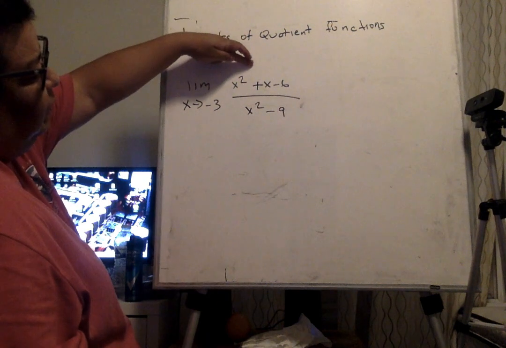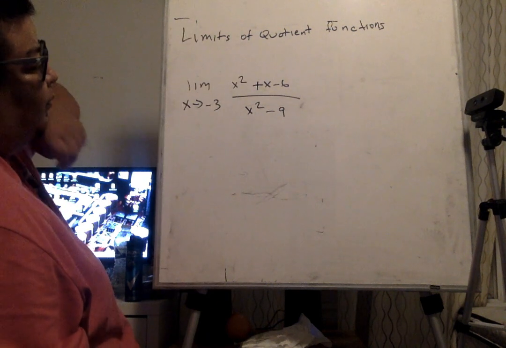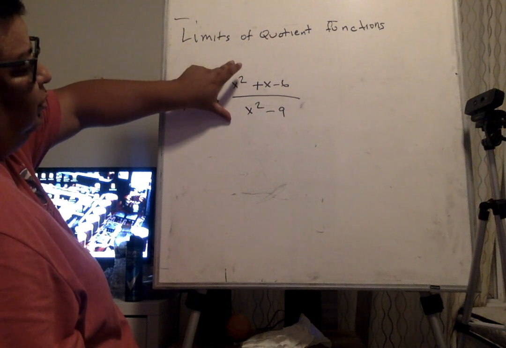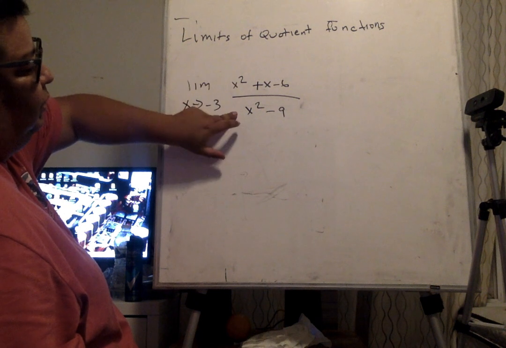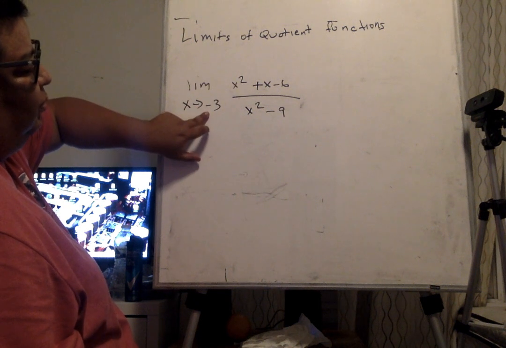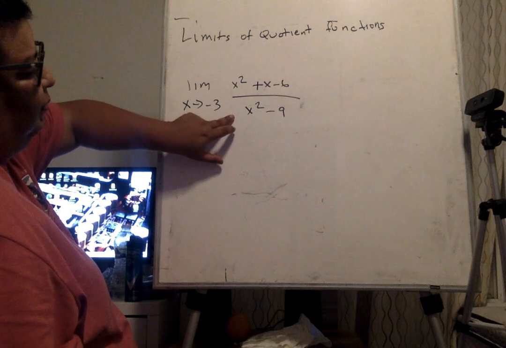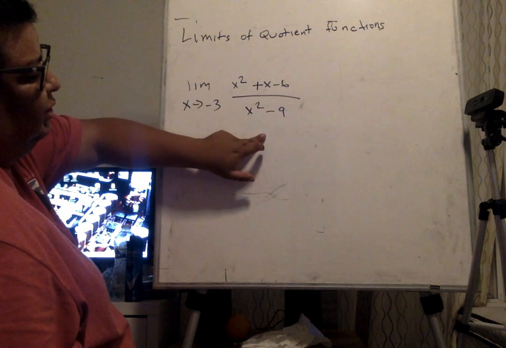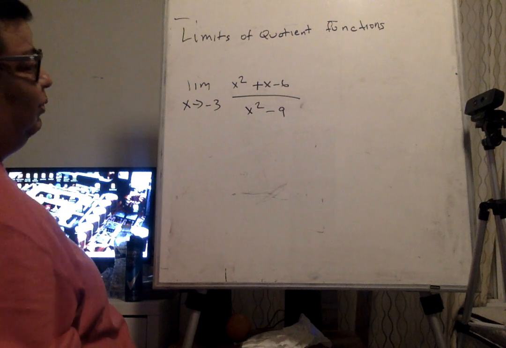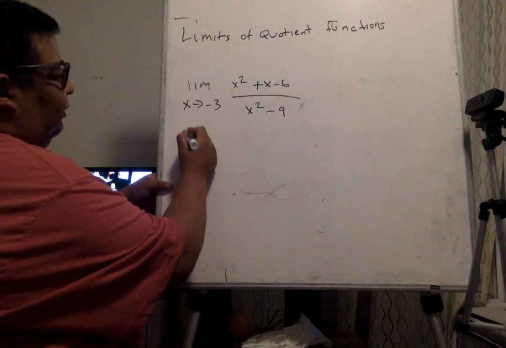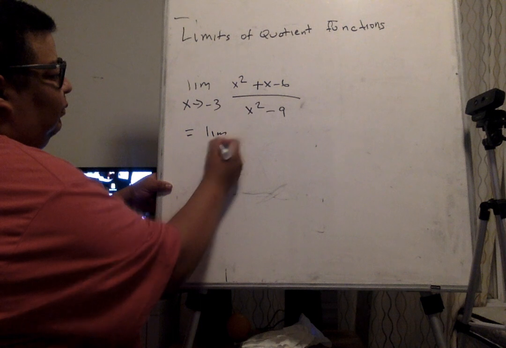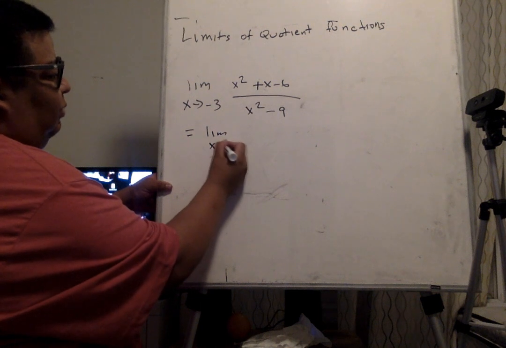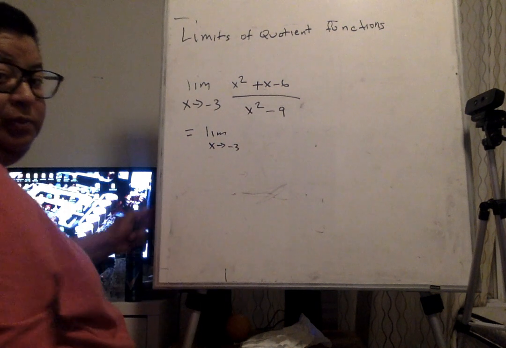Notice we have quadratic here, so we have to factor both numerator and denominator. But remember, we cannot just plug in -3, so we have to factor, because -3 squared is 9, 9 minus 9 is 0. We can't do it that way. So let's factor it. Limit as x approaches -3.